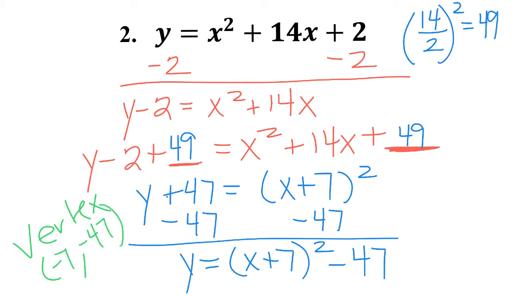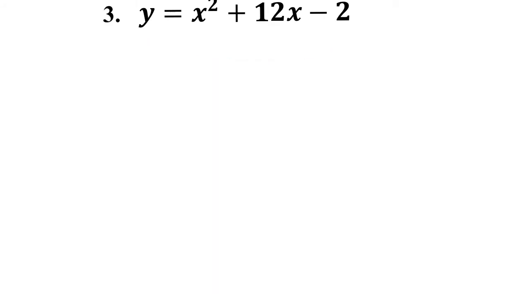Remember that in the formula, it's x minus h squared plus k. So h, when it is a positive, must be a negative value. Okay, go ahead and try 3. So hopefully you found that the vertex in 3 is -6, -38. Let's take a look at that.